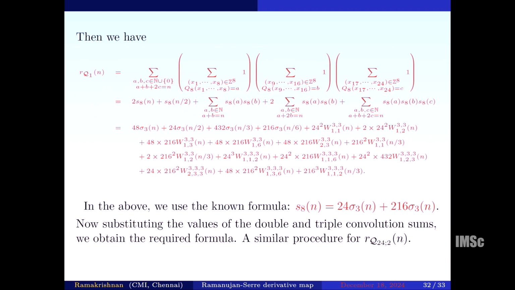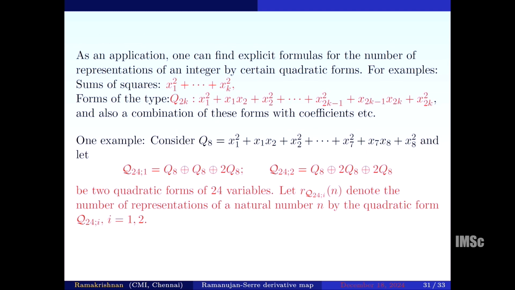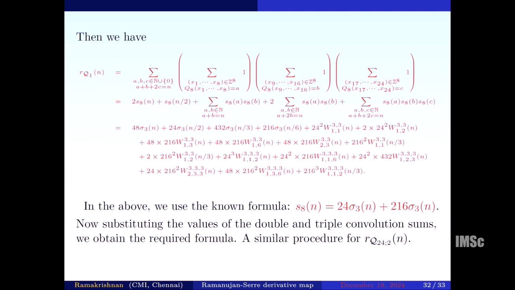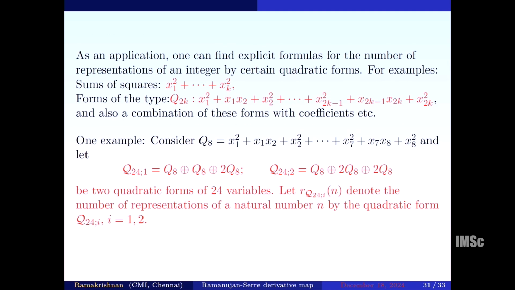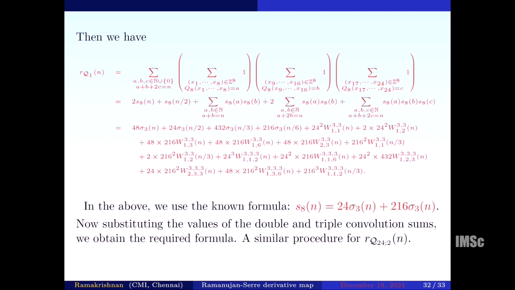If you compute, R Q24 I n denotes the number of representations of a natural number n by this quadratic form. Here, this is called Q1, and this is Q2. For R Q1 n, this is the first one, and in the second, the last one is multiplied by 2.